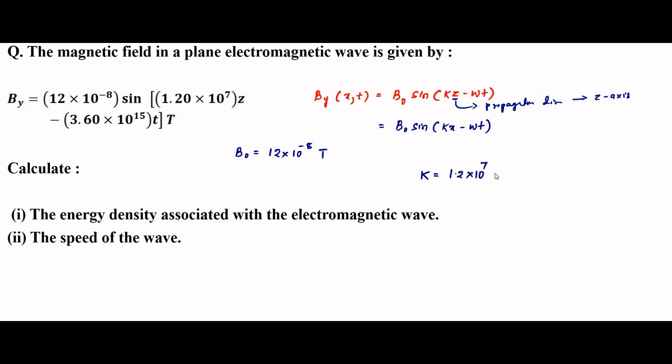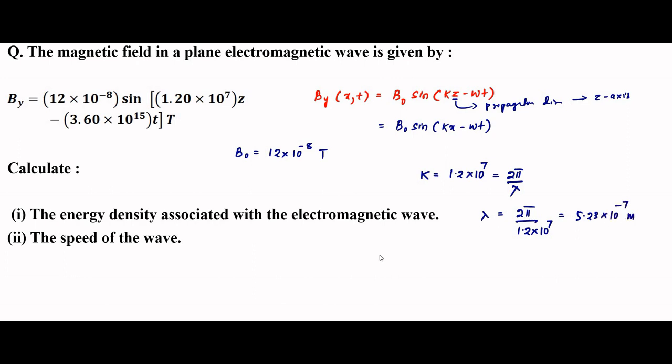This is basically 2π by λ. So we can calculate the wavelength λ, which is equal to 2π by 1.2 × 10^7. This is coming around 5.23 × 10^-7 meter.